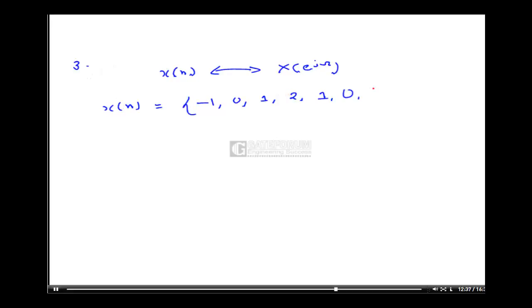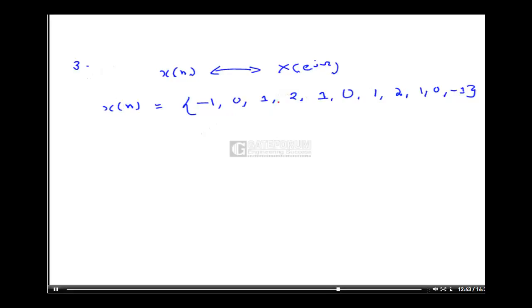Now another problem in which x[n] has got the DTFT as, okay, x[n] is equal to minus 1, 0, 1, 2, 1, 0, 1, 2, 1, 0, minus 1.